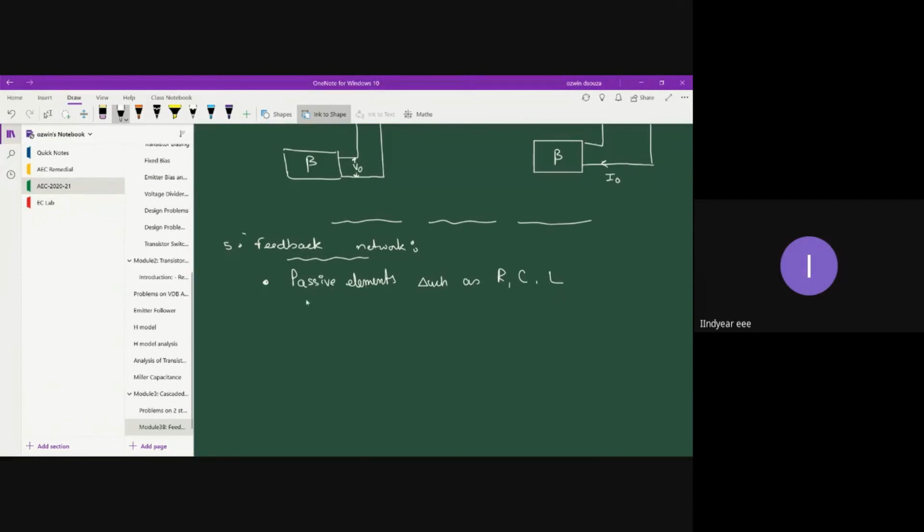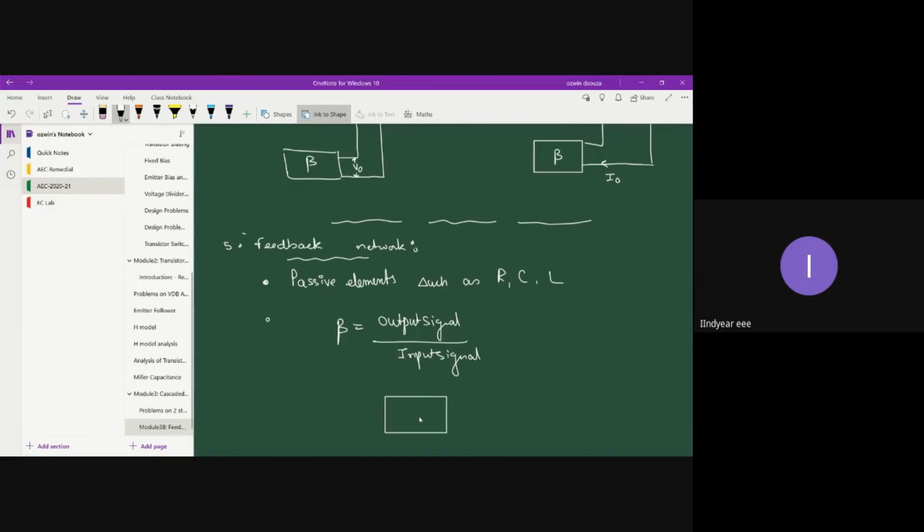And the gain of the feedback network: what is gain? Gain is nothing but output signal to the input signal.